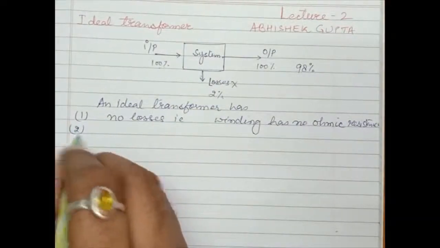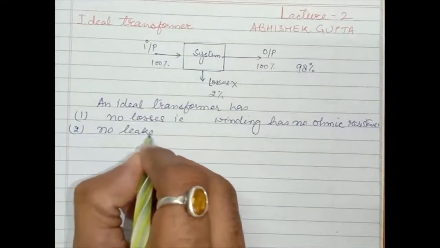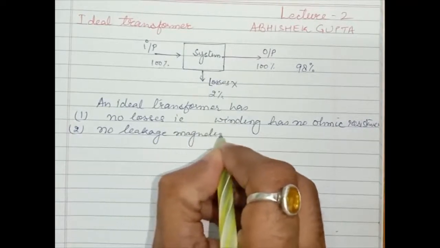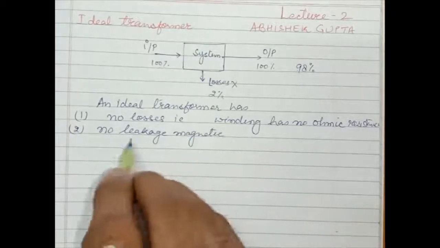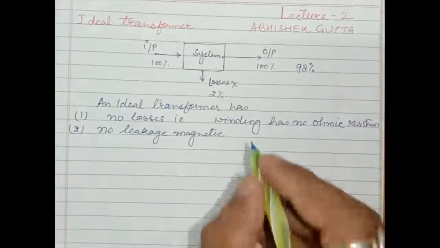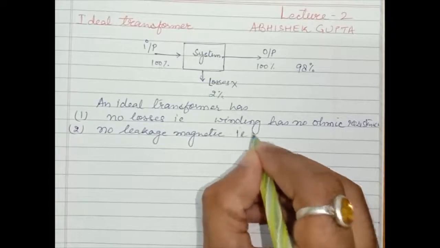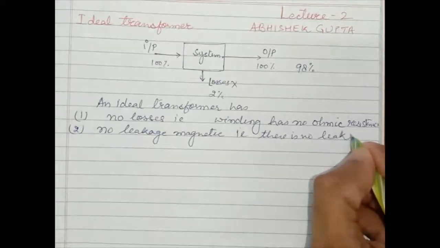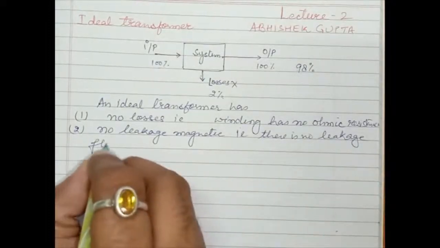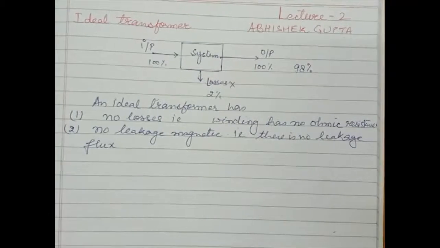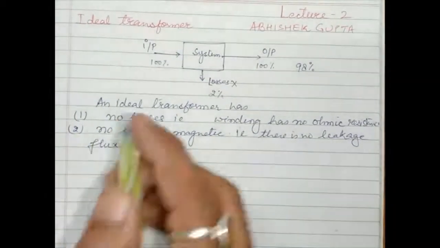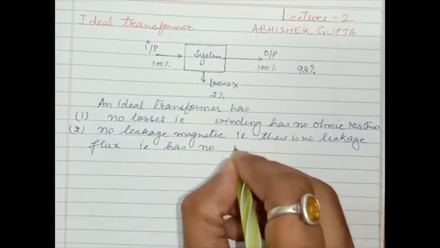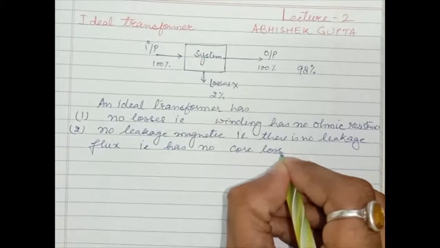Second, it has no magnetic leakage, or we can say there is no leakage flux. All the flux is useful flux. No leakage flux is there. It also has no core losses.